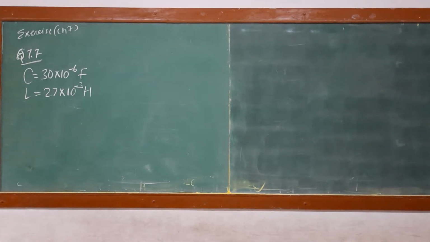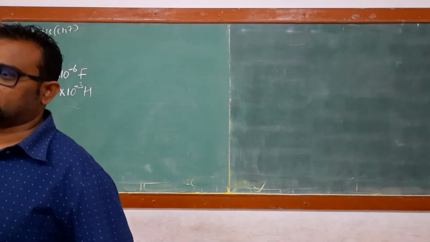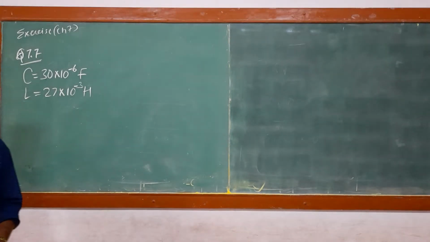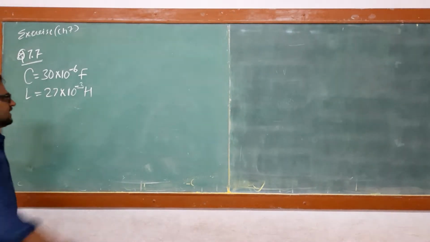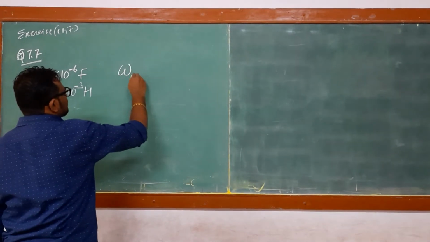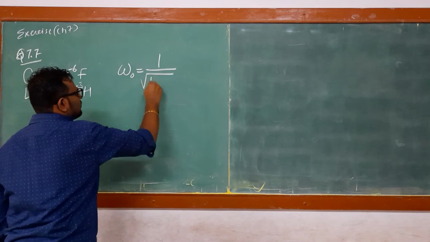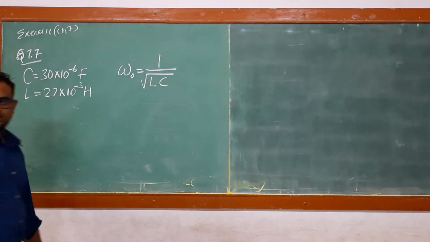What is the angular frequency of free oscillation of the circuit? When the word is free oscillation, we can consider it as a resonance condition. In that case, the angular frequency omega 0 will be equal to 1 upon root LC.